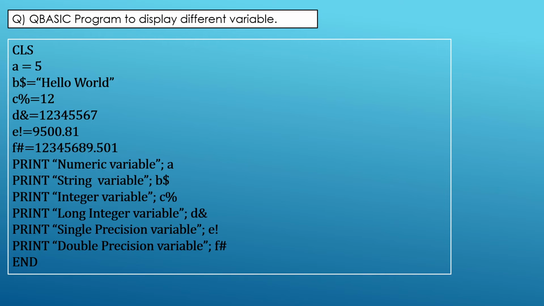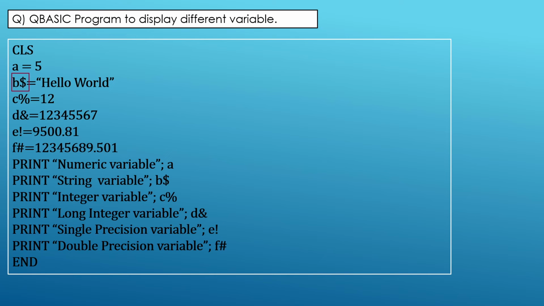As you can see in the program of the different variables, there is a different variable name and data type. I have told before also that each data type has a different symbol. If you declare a variable at the top after the CLS statement, the variable must be used in the print statement to be printed with the value that is assigned to it. For example, B$ is a variable with the value hello world inside the double quotation marks.